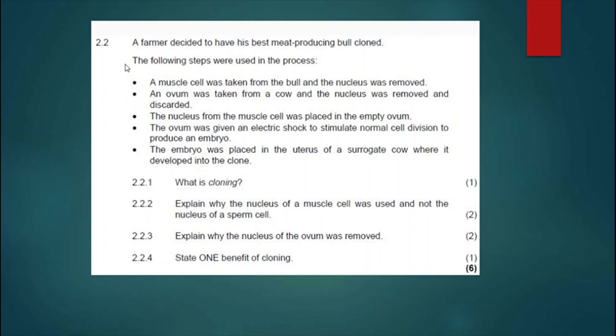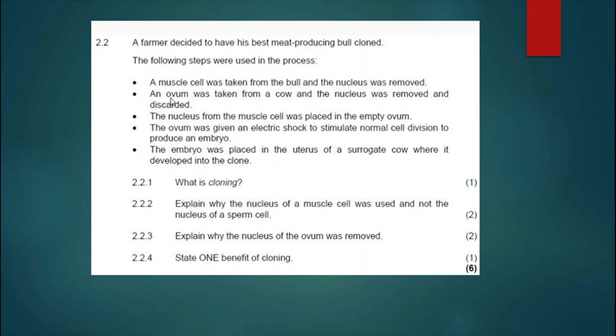The following steps were used in the process. The first step, a muscle cell was taken from the bull and the nucleus was removed. So here they're talking about that bull with desired characteristics, right? So they took the muscle cell and they took the nucleus of that muscle cell. Now we have the nucleus of the muscle cell here.